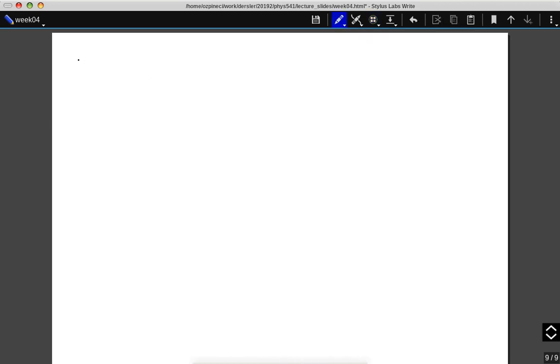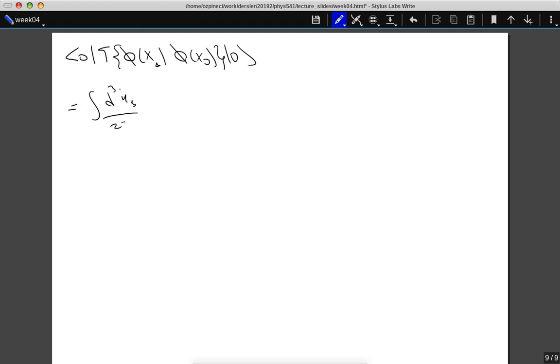Now I want the ground state, the vacuum matrix element of phi of x1, phi of x0. Well, this will be, in both phi's I will get an integral, d cubed k1 divided by 2 pi cubed, d cubed k2 divided by 2 pi cubed.